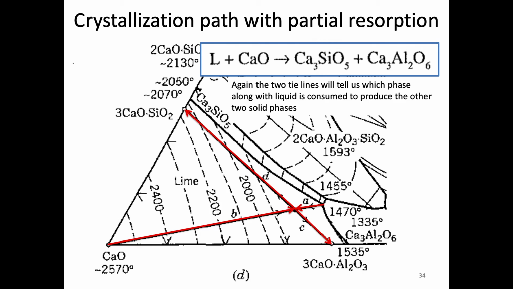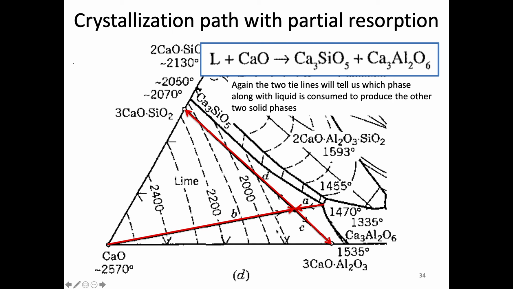And again, what we have to do is basically connect the lines in such a way that they will intersect. And so there's only one way in which that will happen, and that's if we join calcium oxide with the liquid and the silicon species with the aluminum species. And we join those species together.